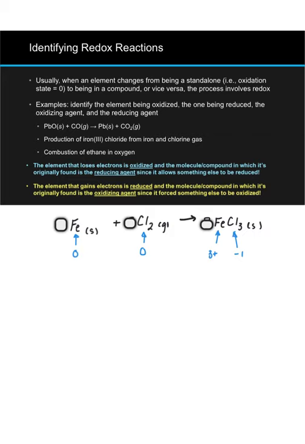Iron gets a 3+ oxidation state. We'll recognize that iron has gone up in oxidation state, up in the air, suggesting it's been oxidized, whereas chlorine has gone down in oxidation state, down to the ground, meaning it has been reduced.